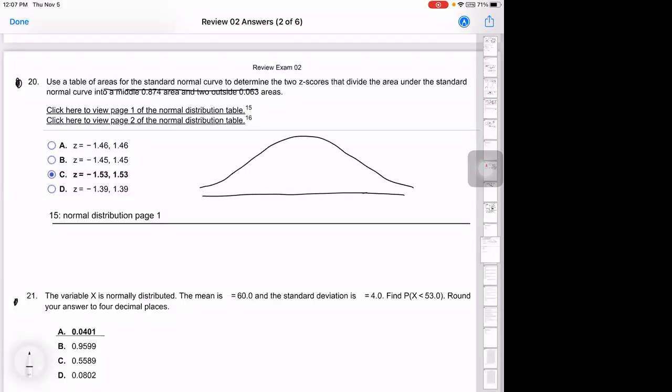This middle area is 0.874, and there are two outside areas.